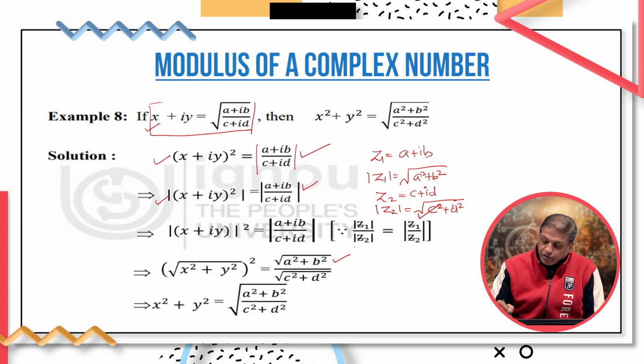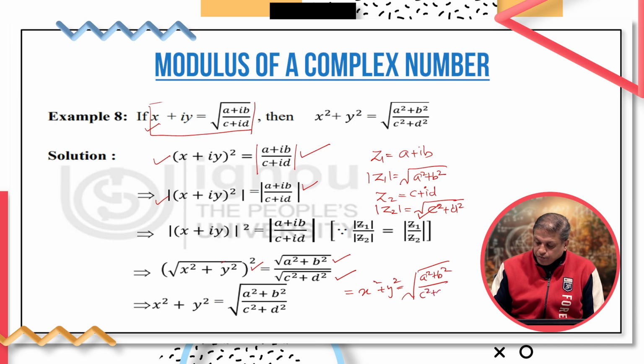Substituting the values here, you will get square root of a square plus b square upon square root of c square plus d square. Solving the square part, the square and the square root will cancel, and you will find that x square plus y square turns out to be square root of a square plus b square upon c square plus d square.